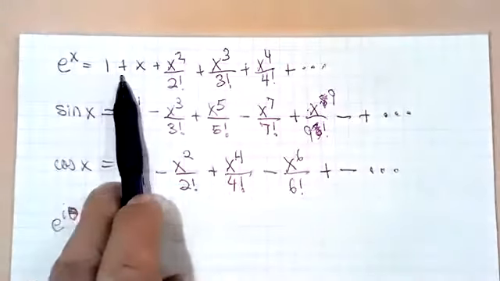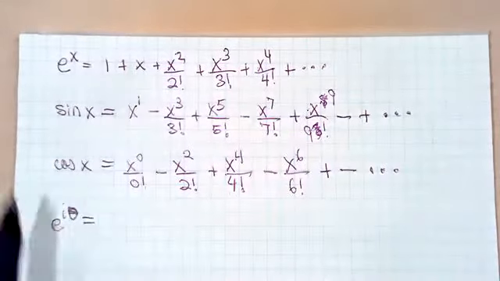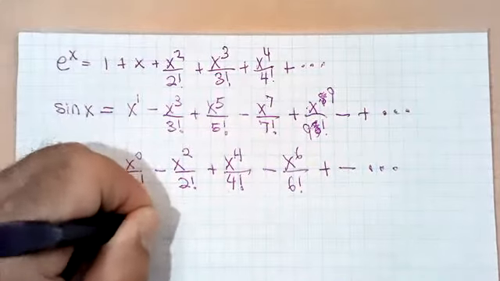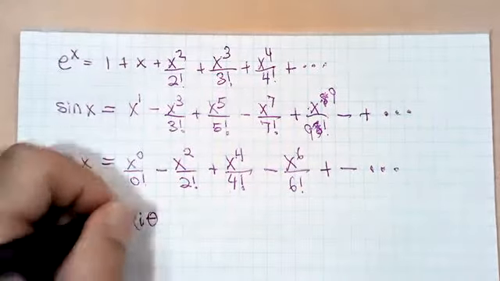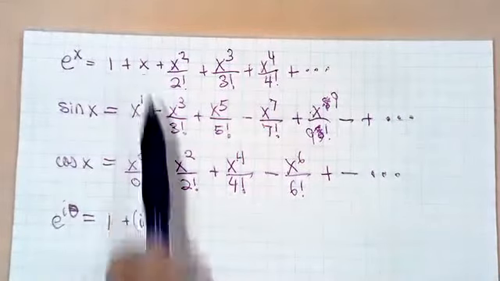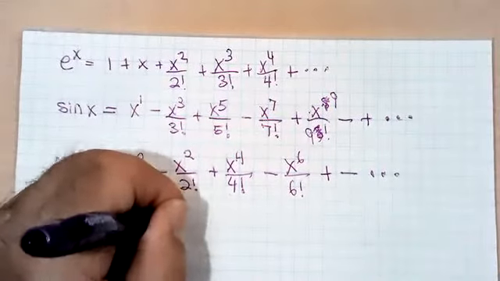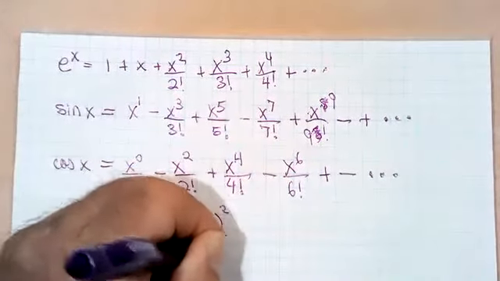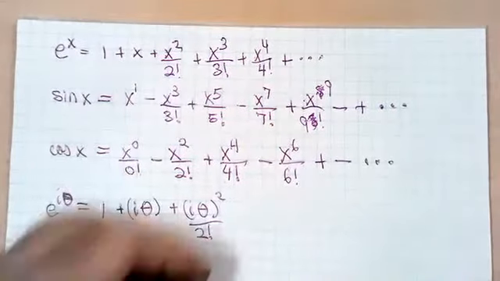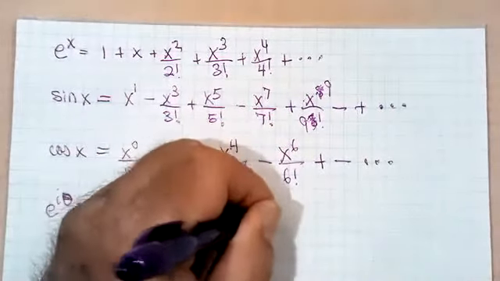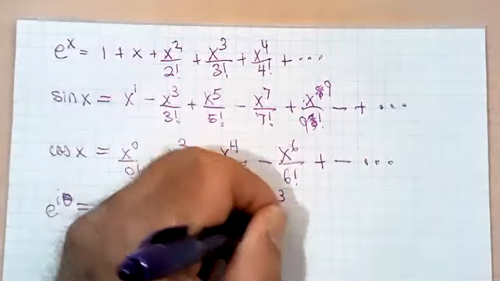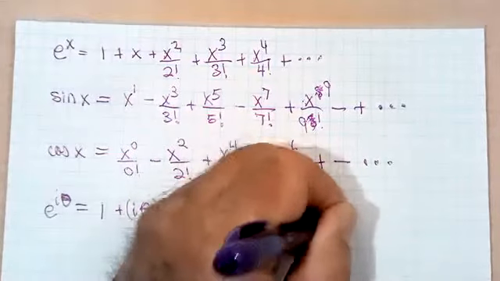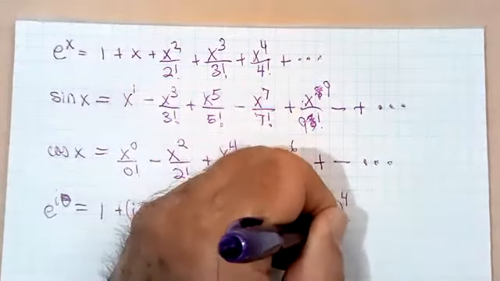Okay, the rule is right here. I'm just replacing x by i times theta. So I have 1 plus i theta, which I'll put in parentheses to emphasize it just came from one term of the series, plus (i theta) squared over 2 factorial, plus (i theta) cubed over 3 factorial, plus (i theta) to the 4th over 4 factorial.